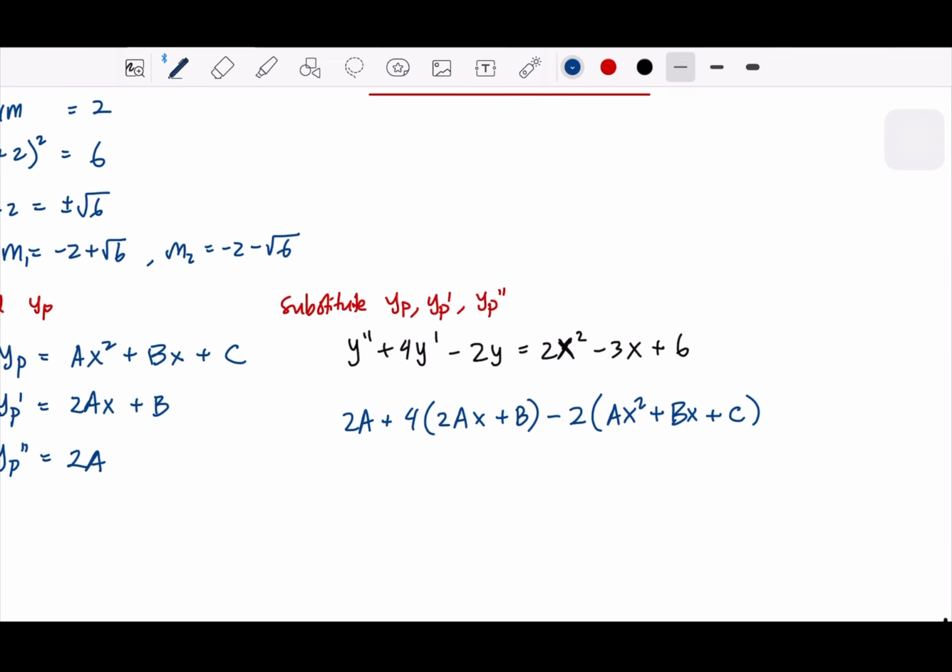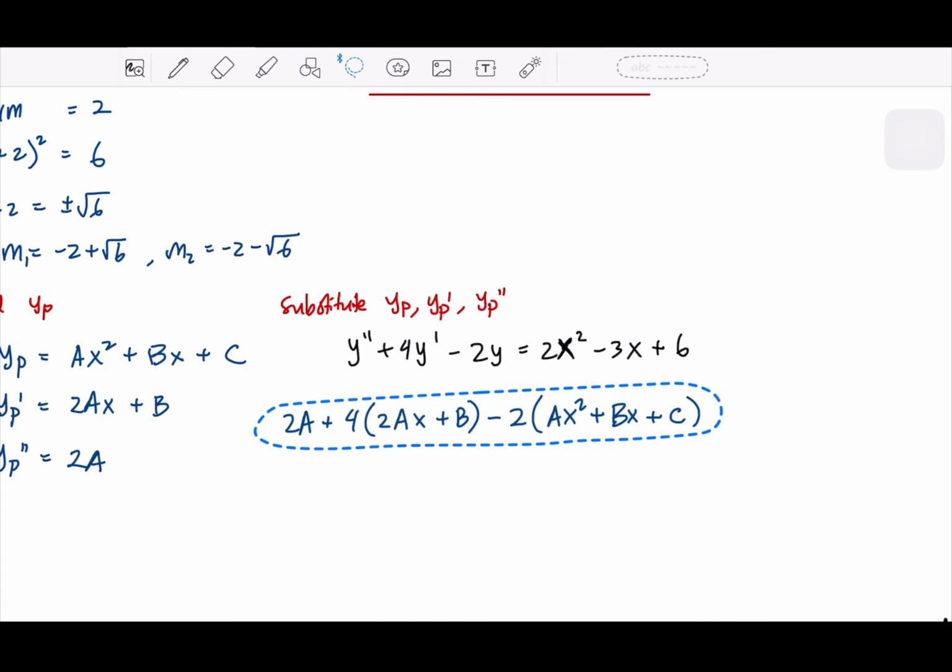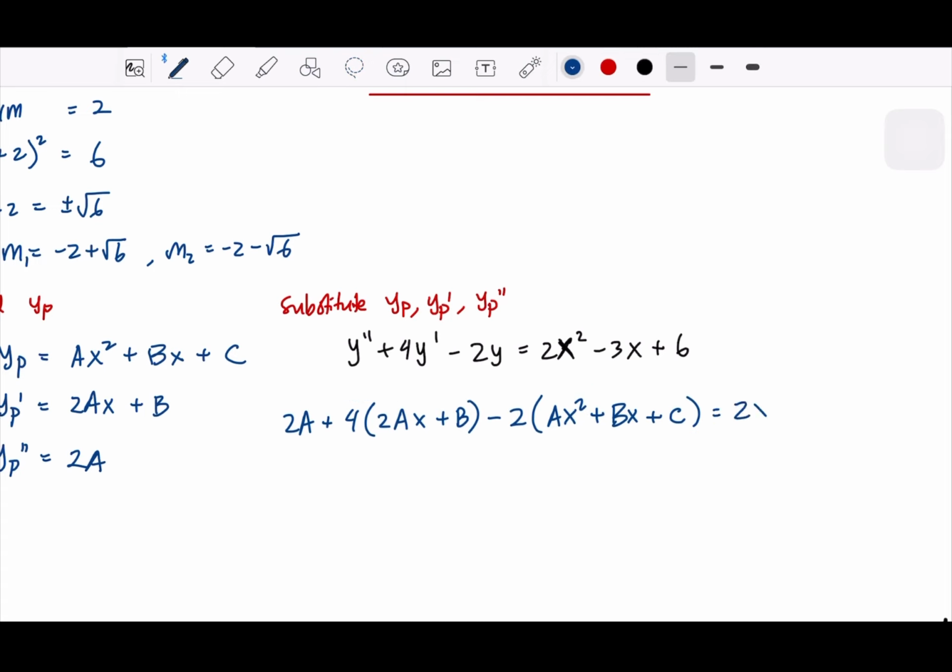And then this is equal to the right side, which is 2x squared minus 3x plus 6.